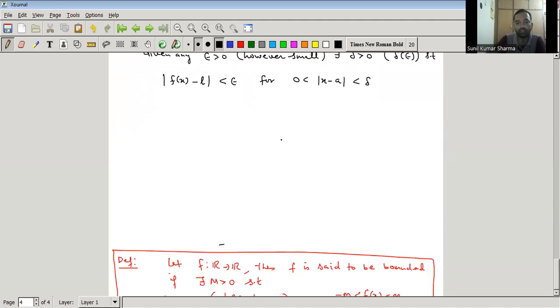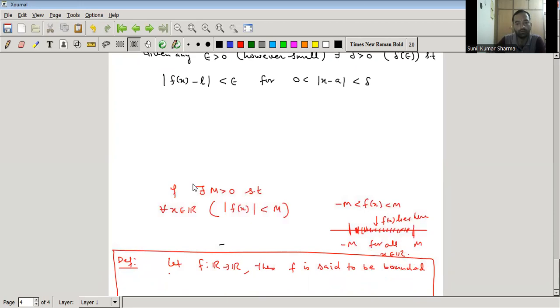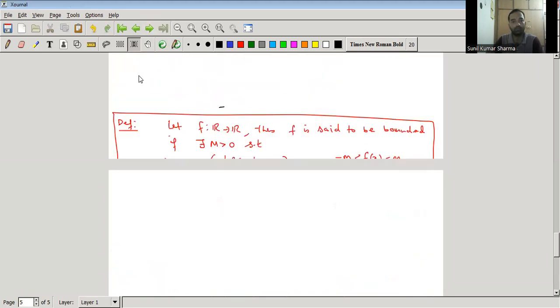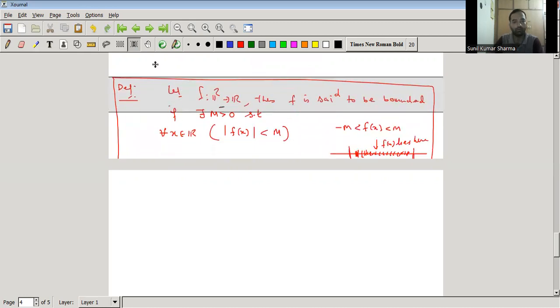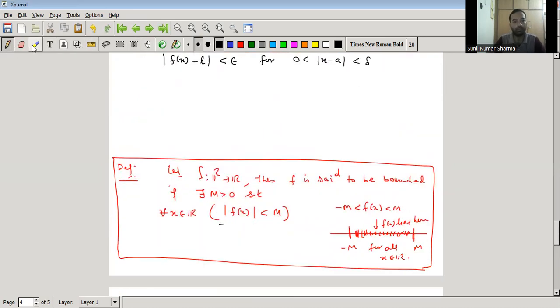Because we know that if function is bounded, when we say function is bounded, mod of f(x) is less than some positive real number N. So what we do, we have to estimate mod f(x).